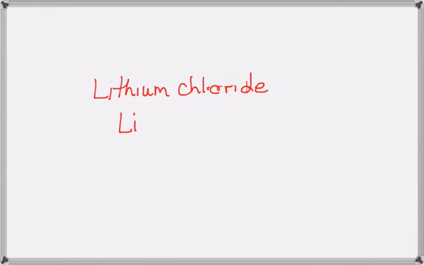So lithium has a 1 positive charge because it's in column 1. Chlorine, 1 negative. So this is LiCl because those two numbers cancel each other out because they're both 1s. Okay, so that's how you write the formulas there.